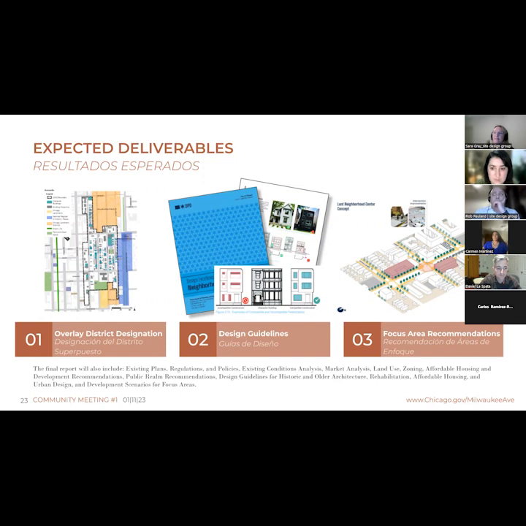This will be the first of the special character overlay districts with design guidelines, compared with the existing ones that we have now. So we're really excited. This is going to be the first one to have design guidelines to help development. And at the end, we're also going to focus on a few targeted focus areas along Milwaukee Avenue. And our consultant team will get a little bit into detail on the next coming slides. Next.